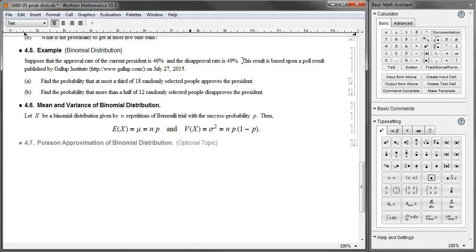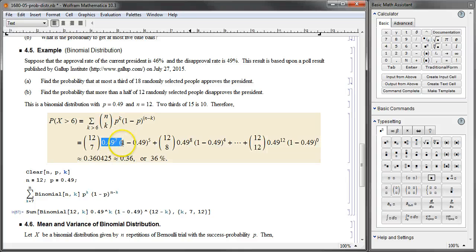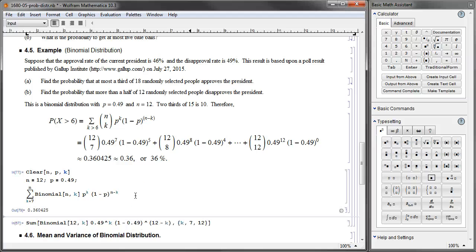So we have to consider 7, 8, 9, 10, 11, and 12 for p equals 0.49. Here we go. 7 successes and 5 failures. 8 successes and 4 failures, and so on and so forth, based upon 49%. Calculate them all, we get about 0.36. Yeah, here we go.